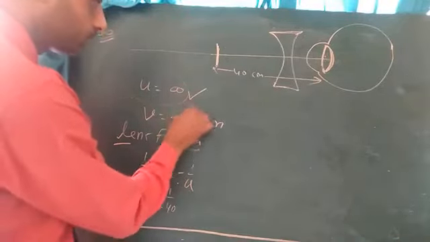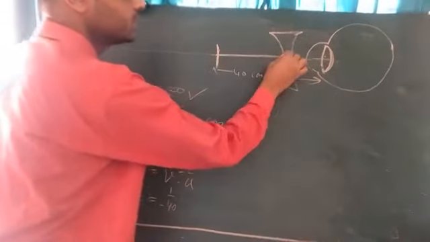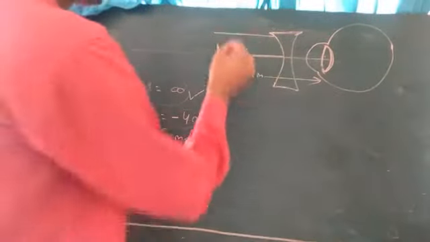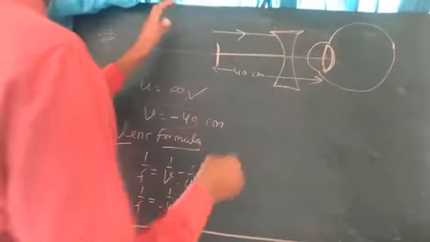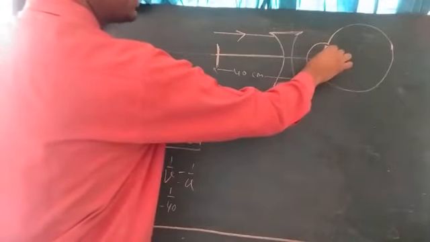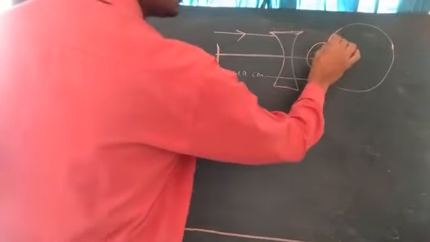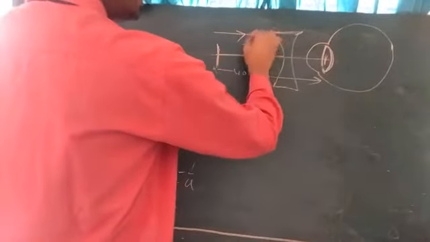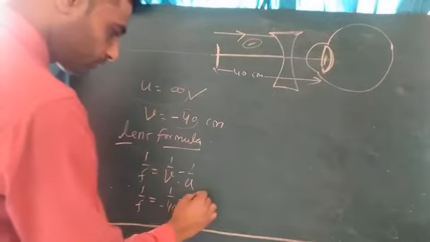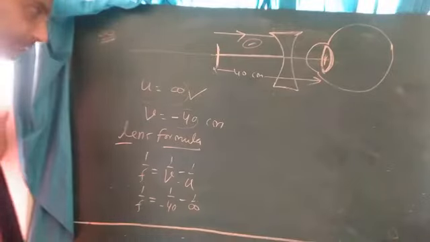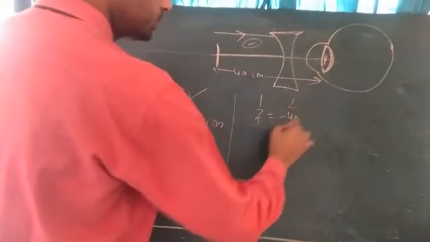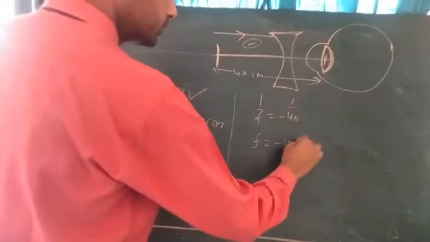This is minus 40 because this distance is measured against the direction of light. Light travels left to right, and we have to measure from the optical center of this lens. It means right to left, so this distance is negative. So v equal to minus 40 and 1 upon u is equal to 1 upon infinity. So 1 upon f equal to 1 upon minus 40. So f equal to minus 40 centimeter.